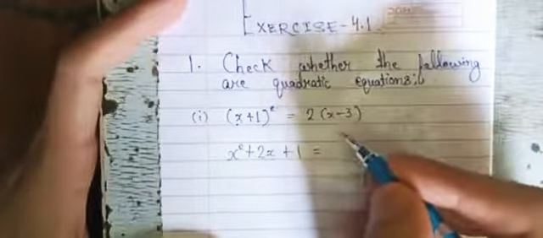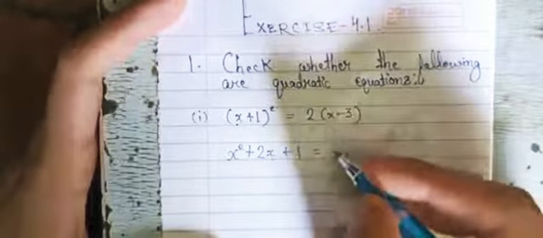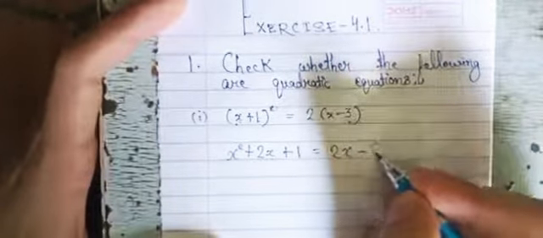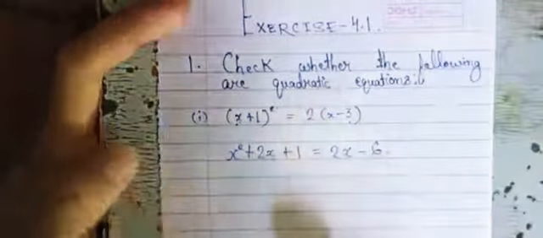This is equal to 2 into x minus 3, so 2 into x will become 2x, and 2 into 3 will become minus 6.